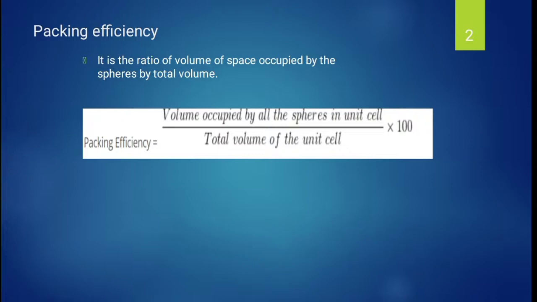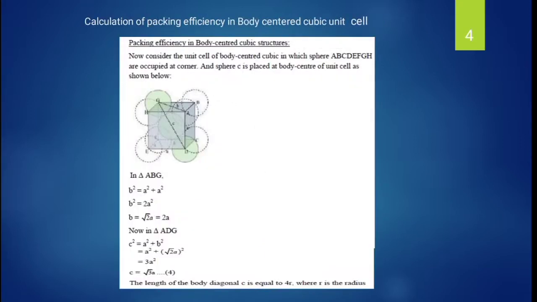In ratio form, packing efficiency is equal to the volume occupied by all the spheres in the unit cell divided by the total volume of the unit cell, into 100.